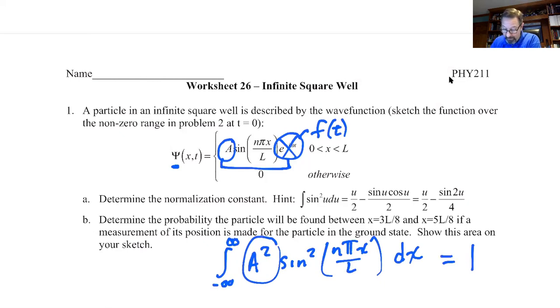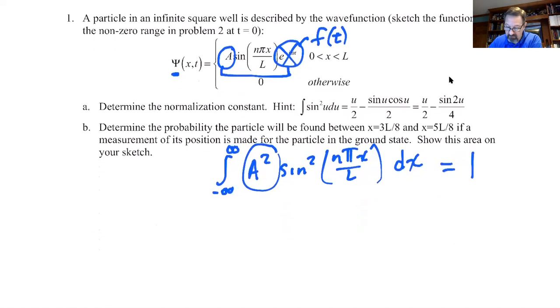And then once I've got that constant A, if I want to figure out the probability of finding the particle in a particular location, and I just decided between there and there, that probability would be equal to the integral from 3L over 8 to, I've just picked, 5L over 8.